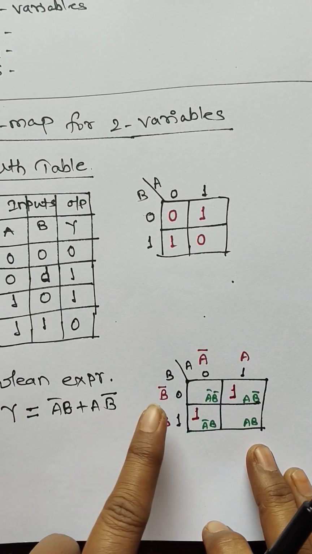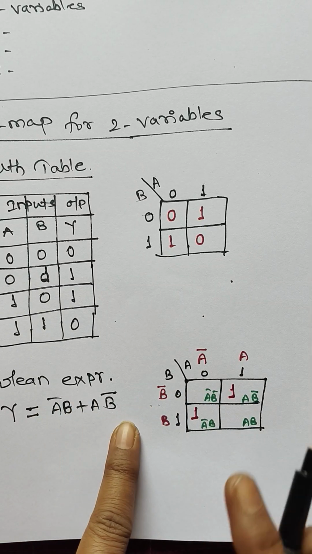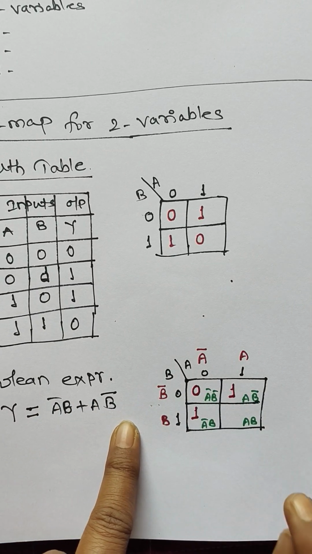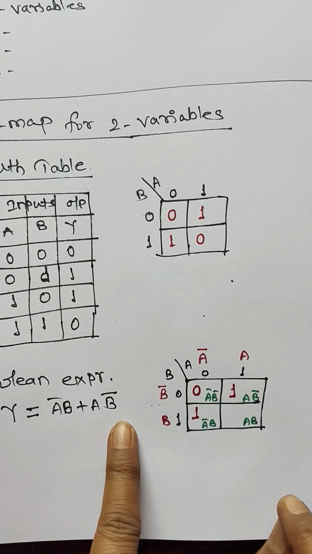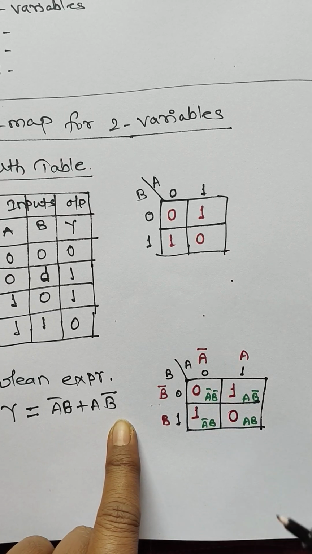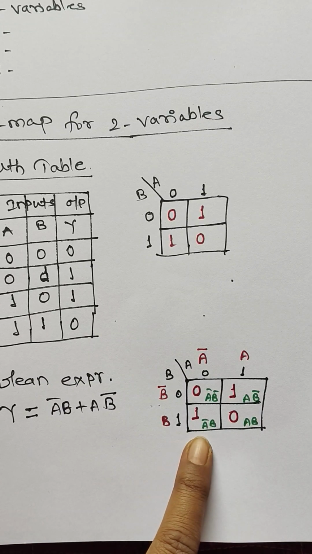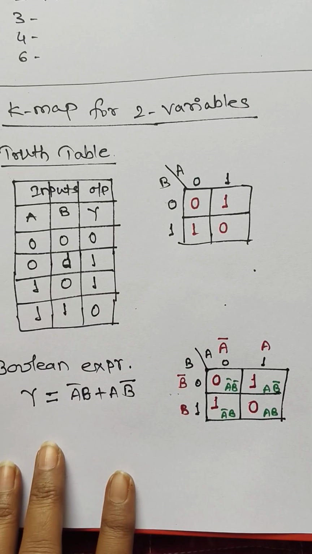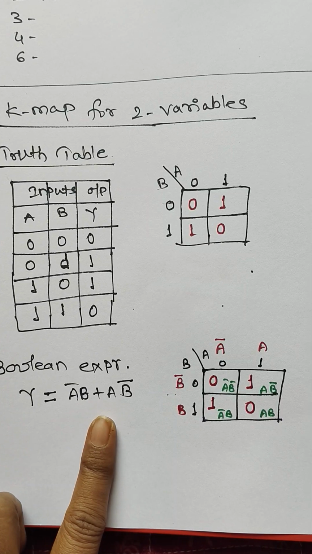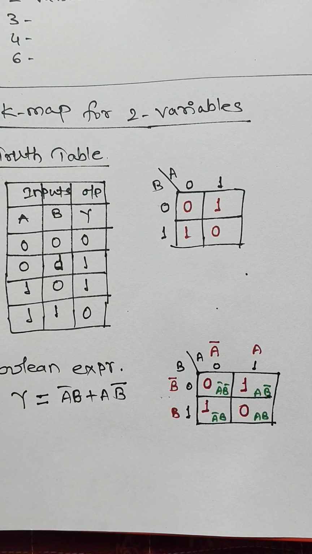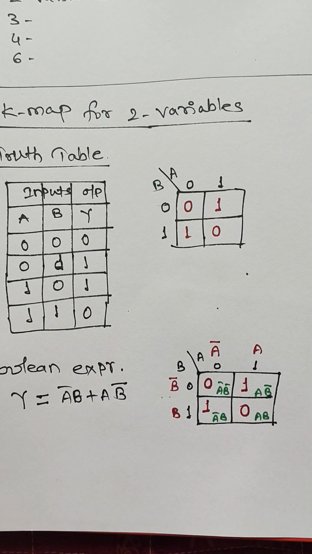And the remaining term, A bar B bar, is not present in this expression, so it should be 0. A B is also not present in the expression, so it should be written as 0. Okay, so this is the 2 variable K-map structure for the given Boolean expression. Now we are only understanding how to write the K-map structure, that's it. How to simplify it, I will teach you afterwards.